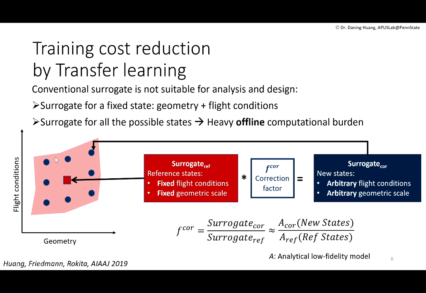And this way gives us a very simple correction factor, yet it is very effective, that spans over a certain envelope of combinations of geometry and flight conditions. And with this technique, we are able to reduce the training cost by 90%.